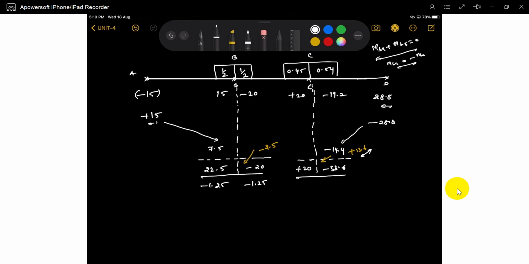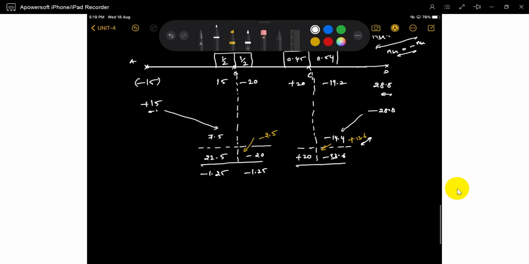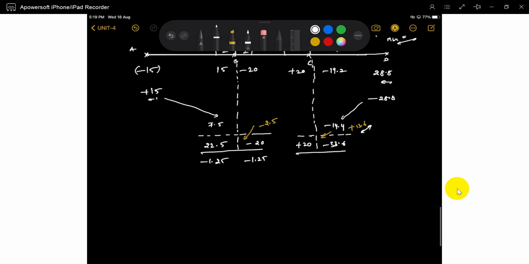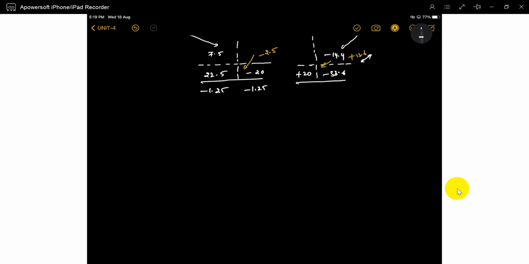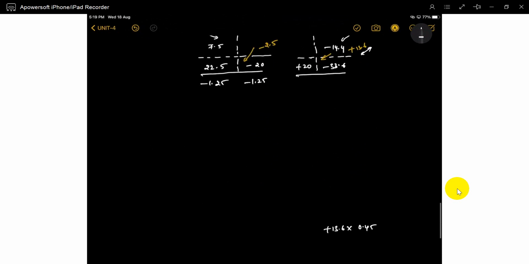Now, what are the distribution factors? There is no place outside, so I will write below. Plus 13.6, 0.45 goes to one, and 0.54 goes to the other.